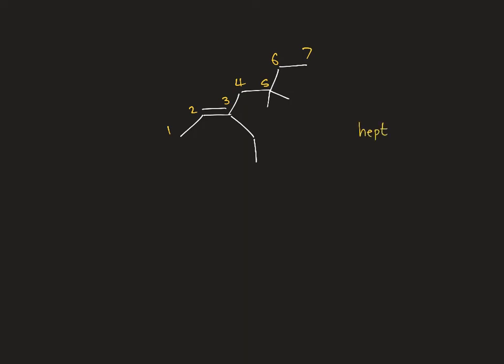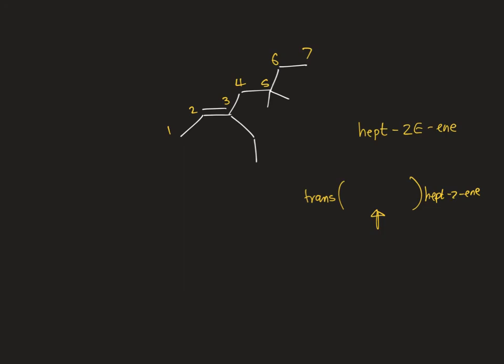All right. The double bond's at position 2, so it's a hept-2-ene. It happens to be trans, so I'm just going to put that stereochemistry there, but of course you would just know that as a trans hept-2-ene. And now we have to put the substituents in here. First of all, position 3, there's an ethyl, and at position 5, there's 2 methyls.